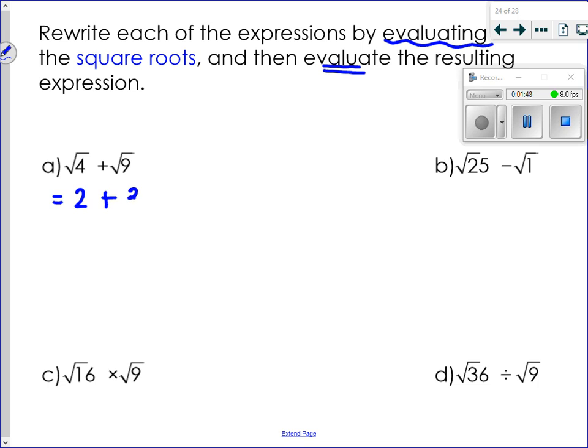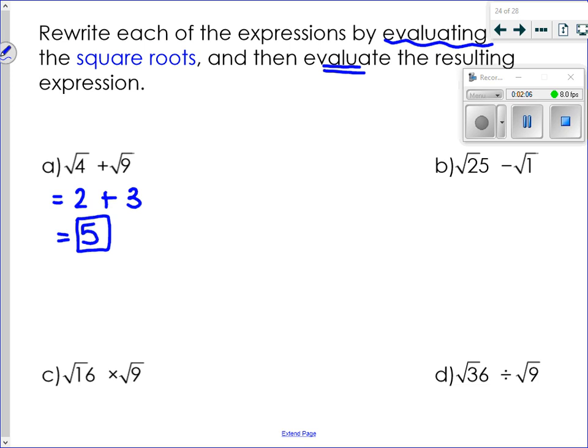So the square root of 9 is 3. Okay, so this expression really says the square root of 4, which is 2, plus the square root of 9, which is 3. When you add that together, 2 plus 3, the value of this expression is 5.